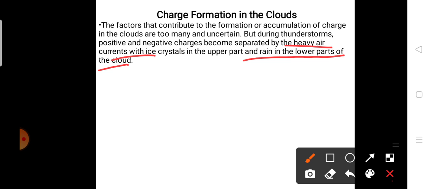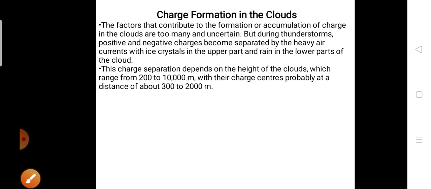So this charge separation depends on the height of the clouds, which can range from 200 to 10,000 meters, with their charge centers probably at a distance of about 300 to 2000 meters, right?